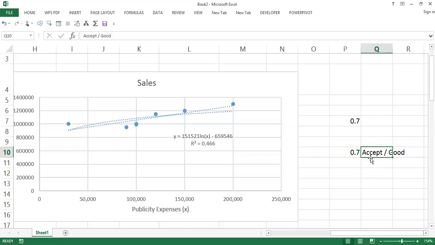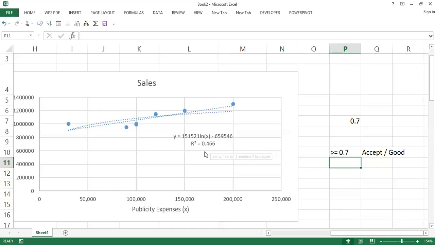So when we see the R squared as 0.466, are we only considering the first decimal place? Take for instance, we have an R squared of 0.466. That's 46%.